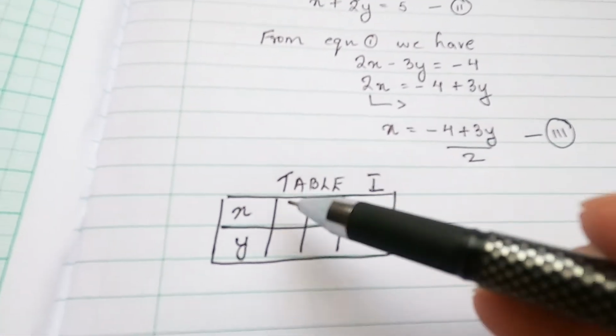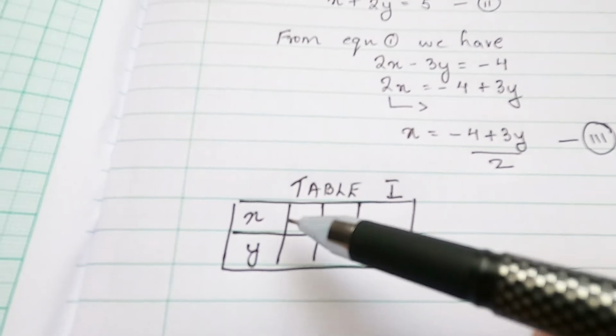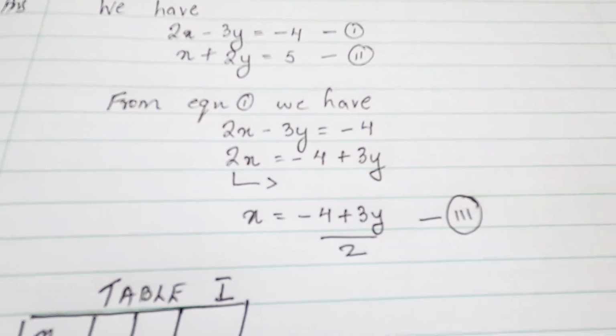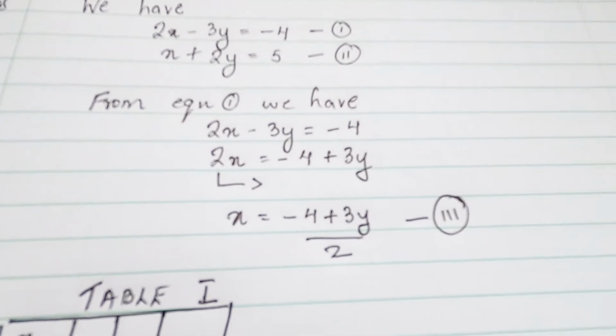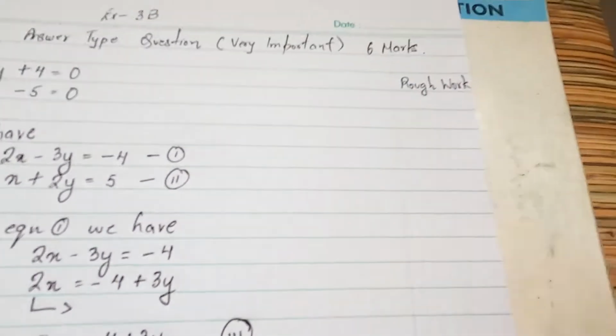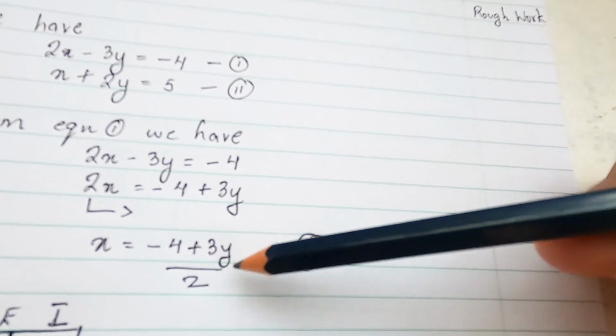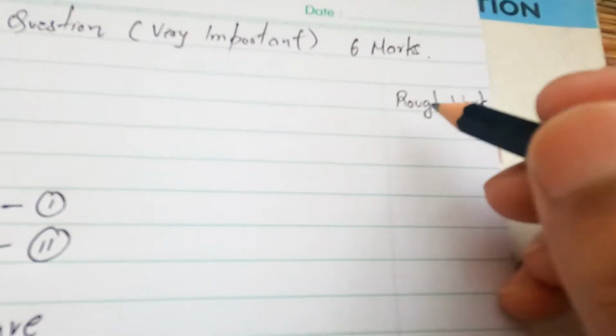Now to get the coordinates for x and y, we will be using equation 3. So let us use equation 3 in the rough section.